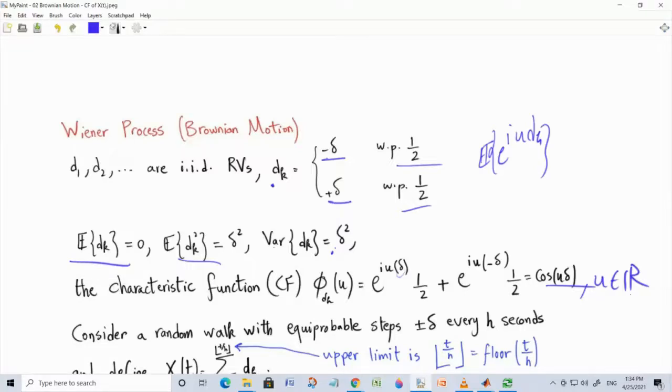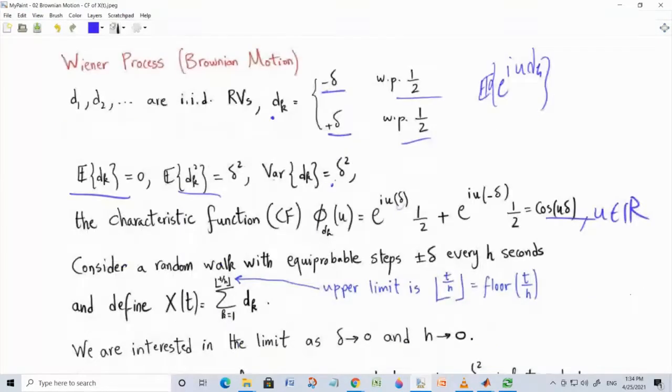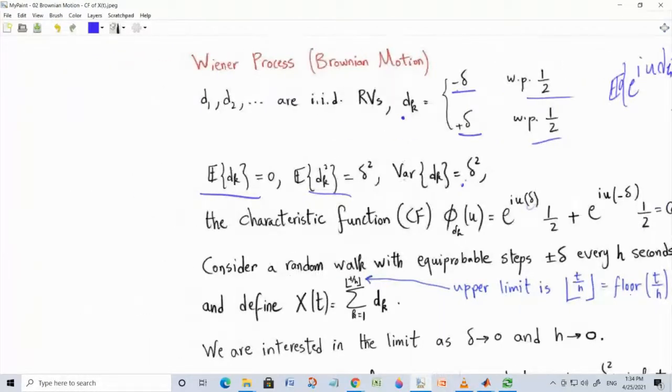Now, in time, we will make a step every h seconds. So now it's not a fixed step. We will make the time between steps h, and hence we will define a process x of t, which is the sum of the d_k, but we will index the process by t.